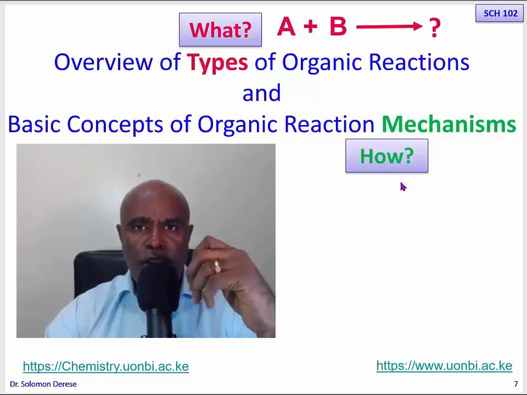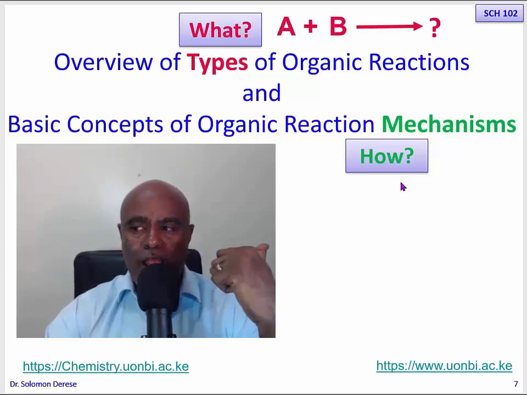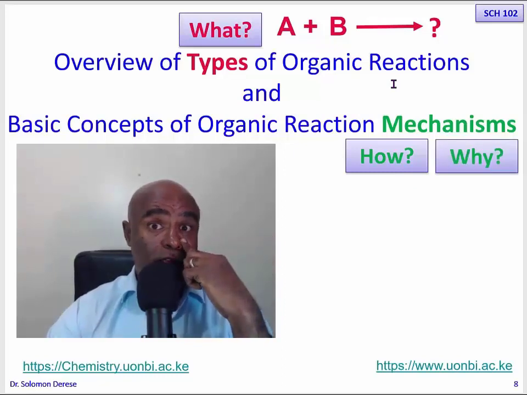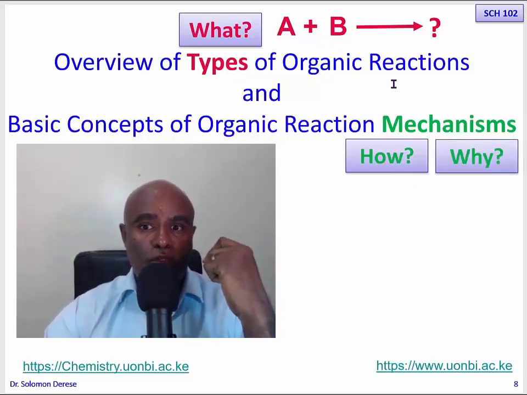Which bond is broken or formed to initiate the reaction? Why are these compounds A and B going to react with one another in the first place? So the how and the why of organic reactions is studied under reaction mechanism.